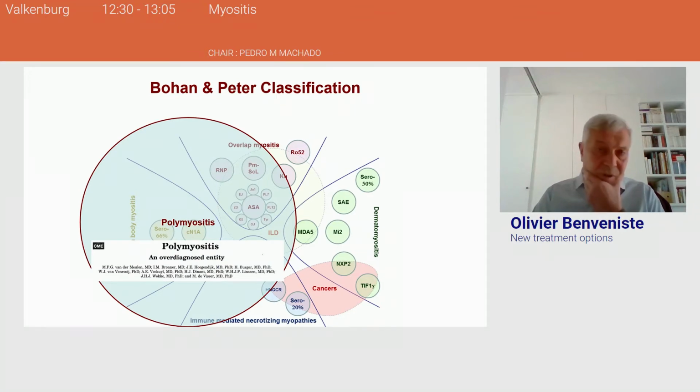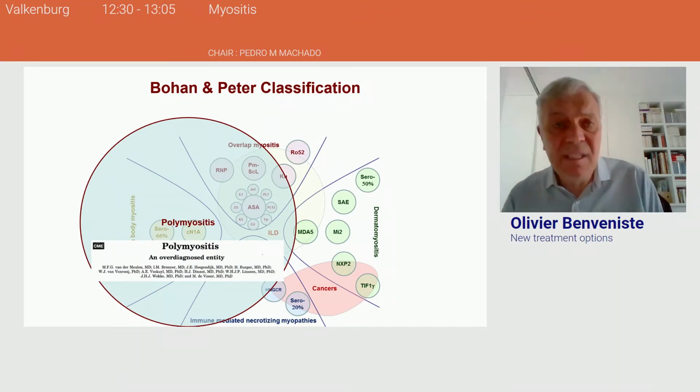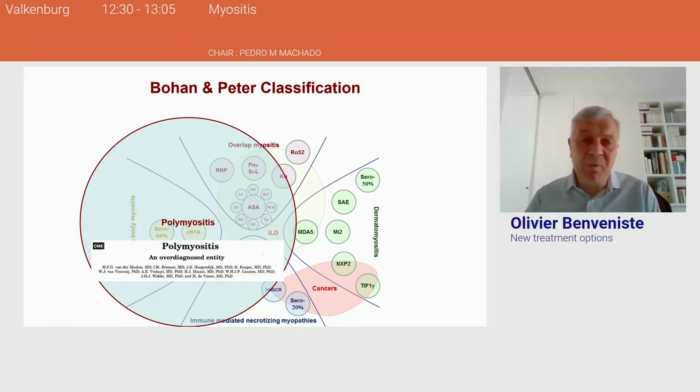So coming back to the old classifications, using Peter and Bohan, you can see that polymyositis is in fact the unification of overlap myositis, immune-mediated necrotizing myopathies, and inclusion body myositis.